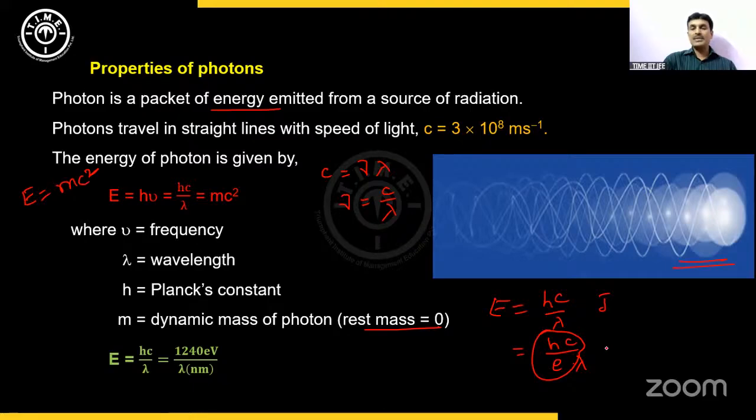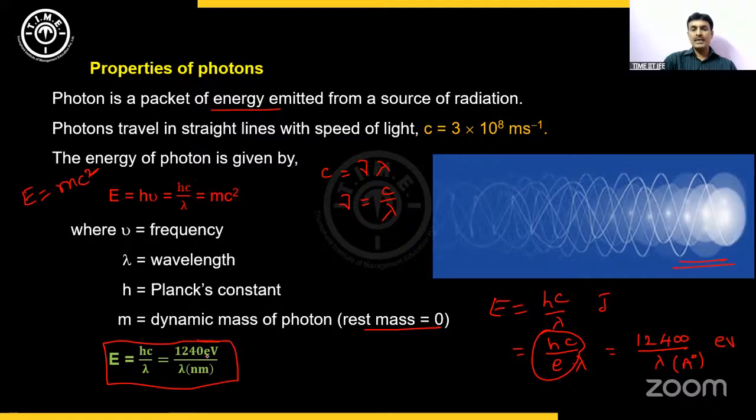Substituting these values and simplifying, you'll get 12,400 by lambda, measured in angstrom unit. That energy is in electron volt. Or if lambda is in nanometer, then it becomes 1240 by lambda, with lambda measured in nanometer.